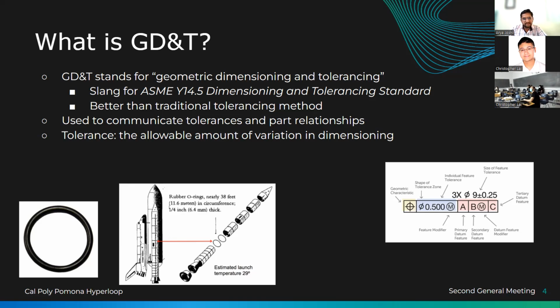O-rings are actually used in rockets for containing the rocket boosters, and you really want to figure out, okay, what's the smoothness of the O-ring going to be like? What's the tolerance for the O-ring? All those components are required in order to create a functioning prototype or model. So that's what GD&T is for.